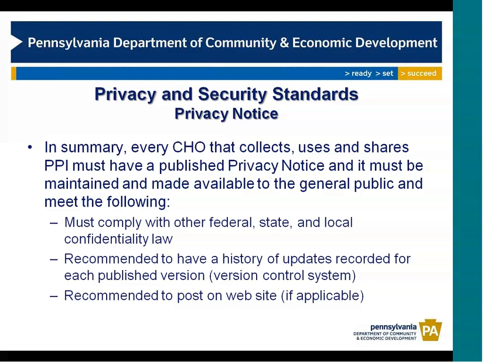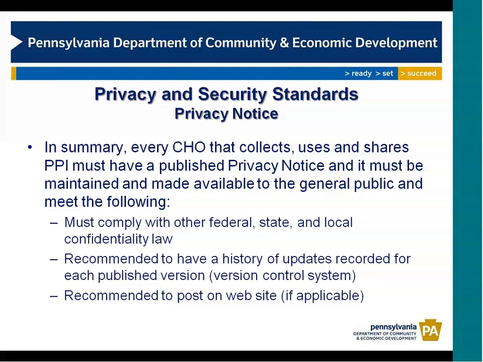So every agency is in different areas, within different counties or jurisdictions, so you need to make sure that you're up to speed with the specific sharing and collecting laws in your area to make sure it doesn't conflict with your privacy notice. And also a couple recommendations that HUD lays out. It's recommended to have a history of updates recorded for each published version, what they kind of like to call a version control system.